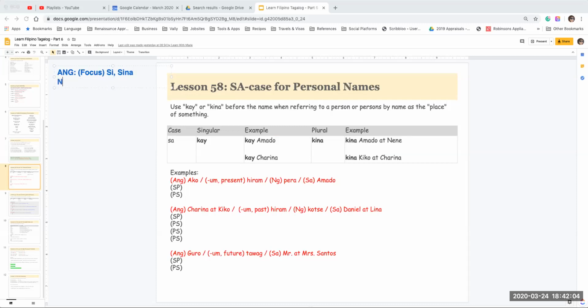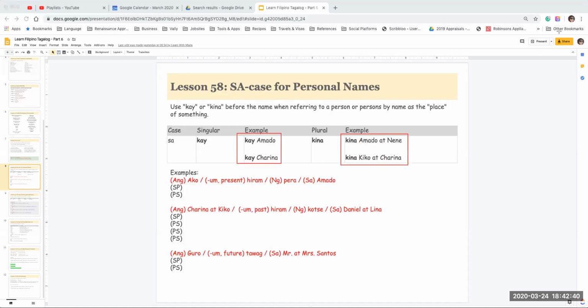For the nang case, which is out of focus, we say ni and nina. For the sa case, we use kay for singular and kina for plural. So whenever you want to use a personal name, you mark it with singular kay and plural kina. Can you read these examples?